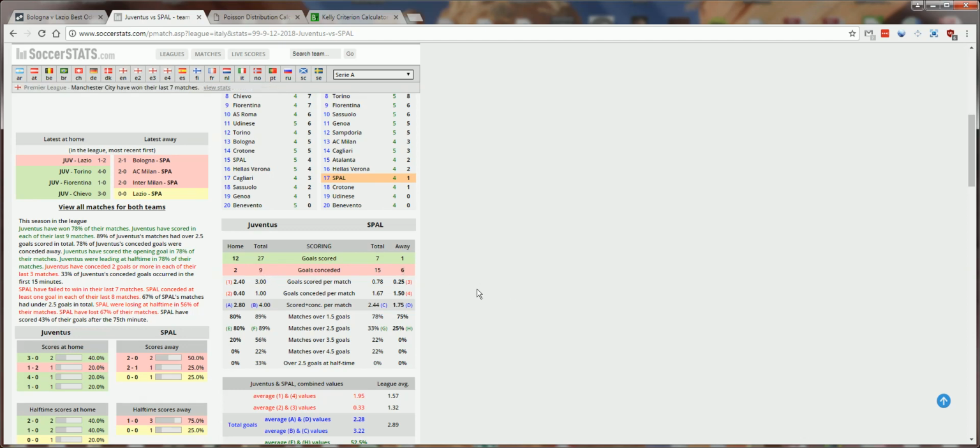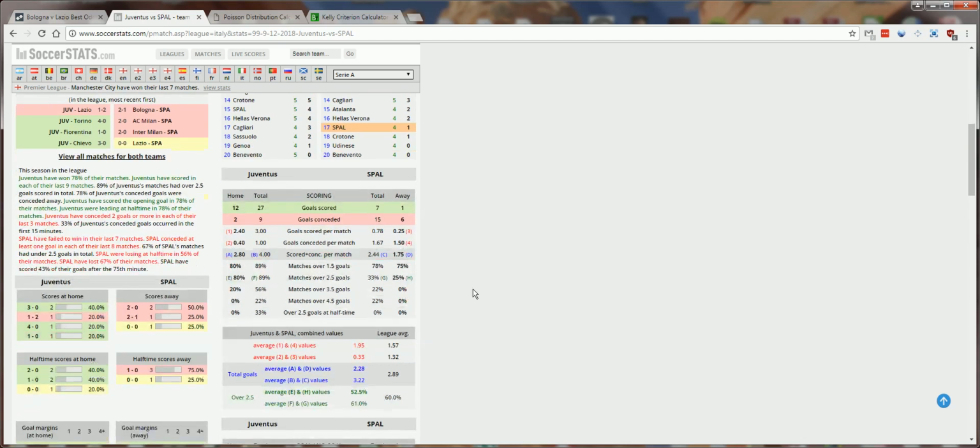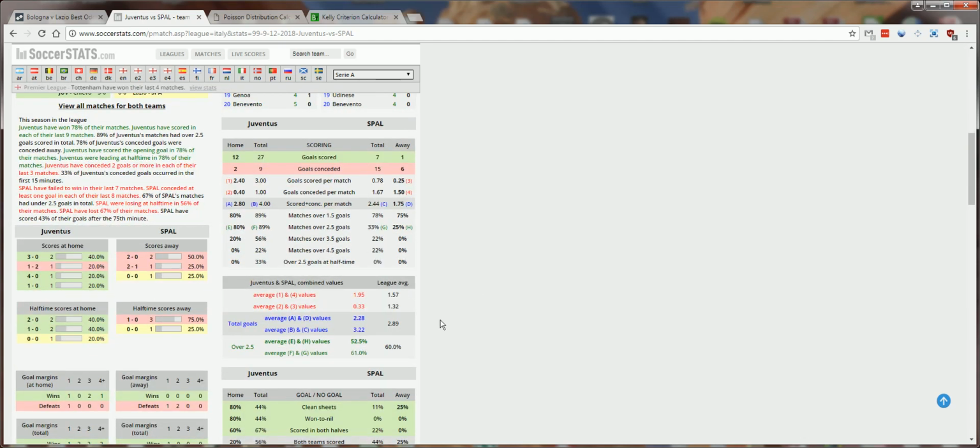So they're obviously trying to keep it tight in their first season. But if you look at the stats here, you can see that the average value for Juve's goals is 1.95, and Spal are going to be 0.33. So over 2.5, I'd want quite a big figure for that, because obviously Spal are probably going to park everything they can in front of the goal and hope that they can soak up some pressure.